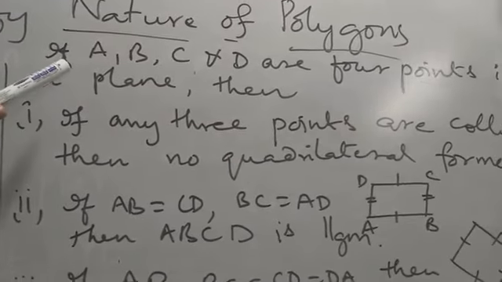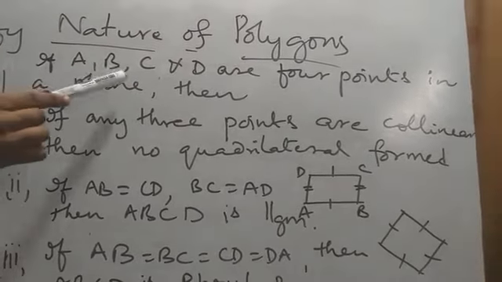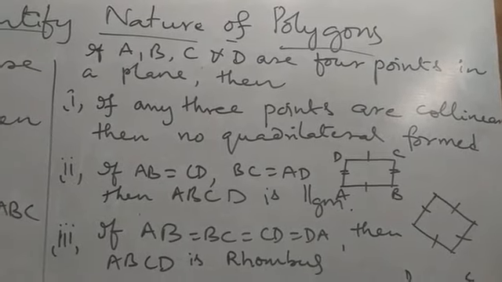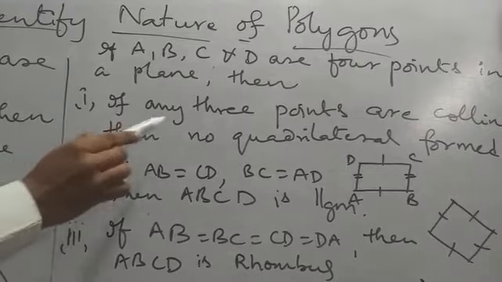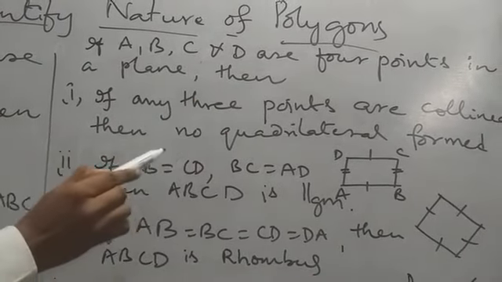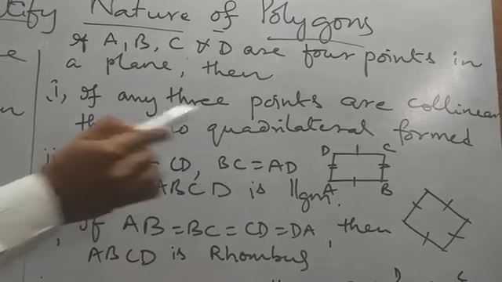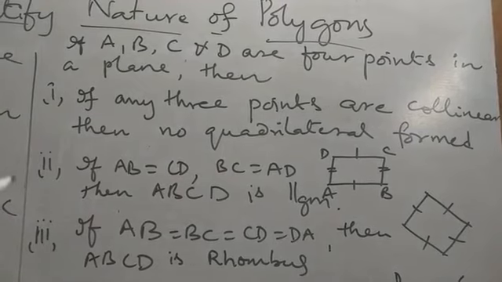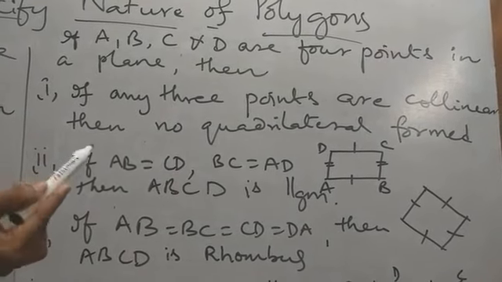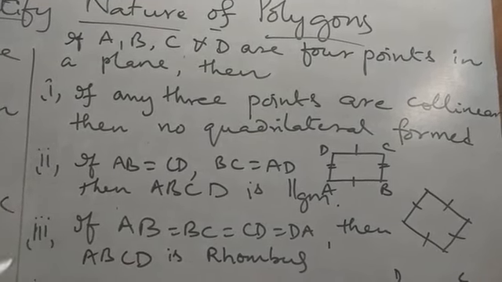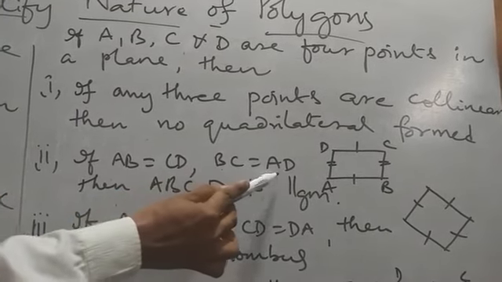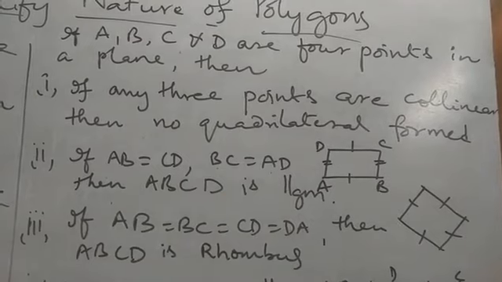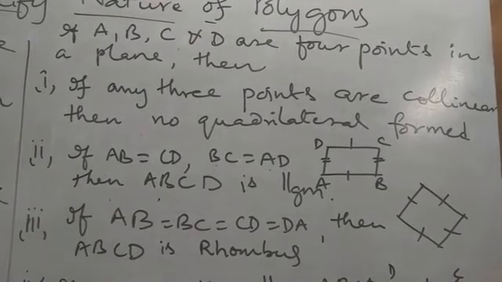If A, B, C, D are 4 points in a plane and any 3 points are collinear, then no quadrilateral is formed, because if 3 points are on the same line, you cannot construct the quadrilateral. If AB equal to CD and BC equal to AD, like the given diagram, then it is a parallelogram.